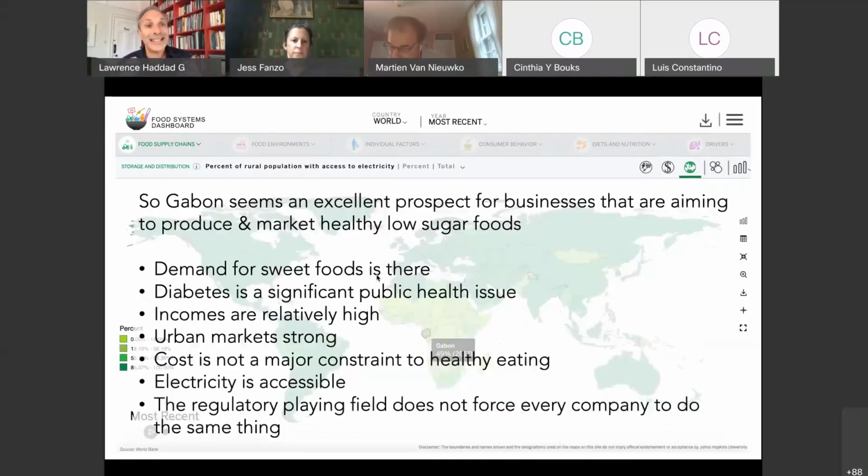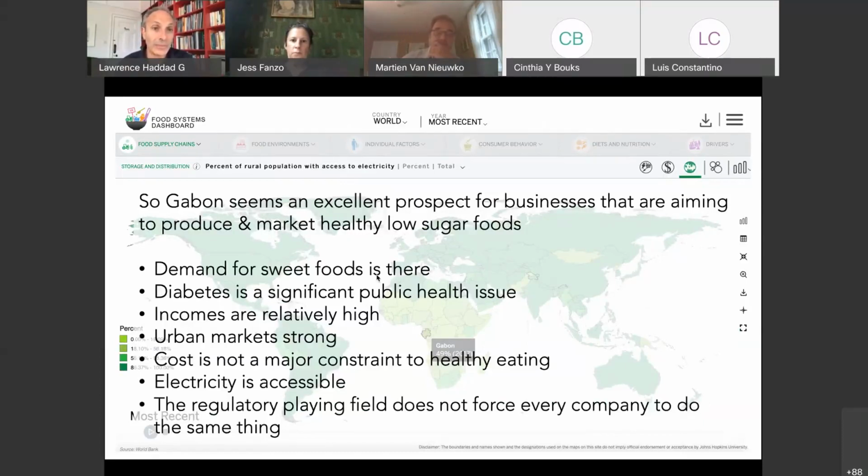So it seems, if you're a business and putting aside the small size of the Gabon market, it's an excellent prospect for businesses that are interested in producing and marketing a healthy, low sugar food. The demand for sweet foods is there.